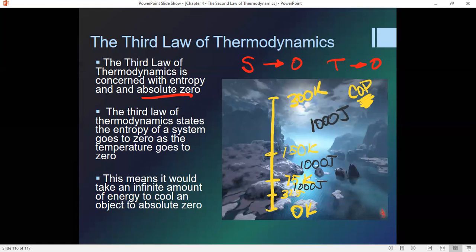In fact, the closest that we've gone to is, I think, a few nanokelvin, and it takes a tremendous amount of energy to get there. But the amount of energy would need to be infinite to reach absolute zero, and that's a consequence of the fact that entropy goes to zero as temperature goes to zero.